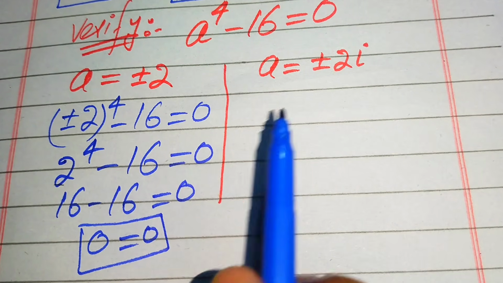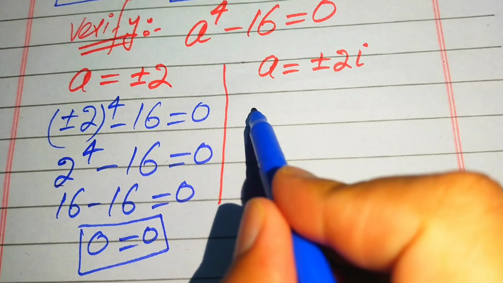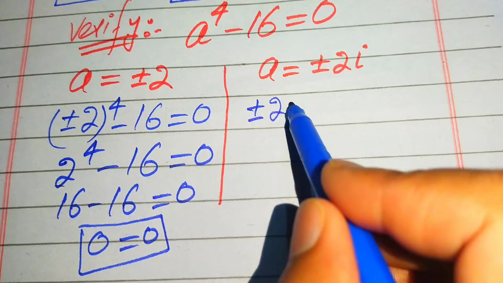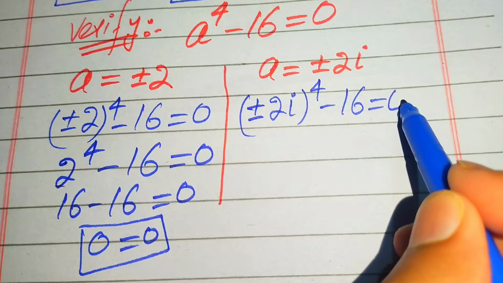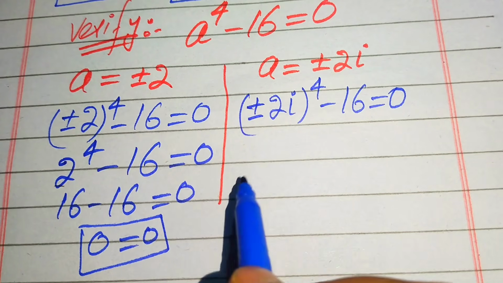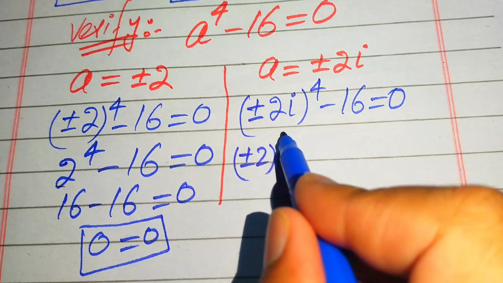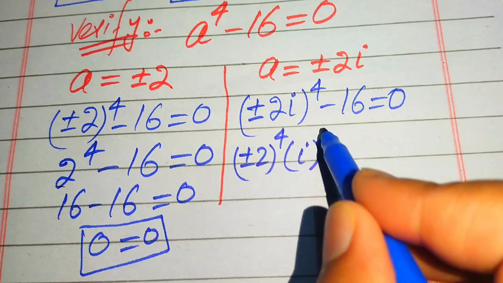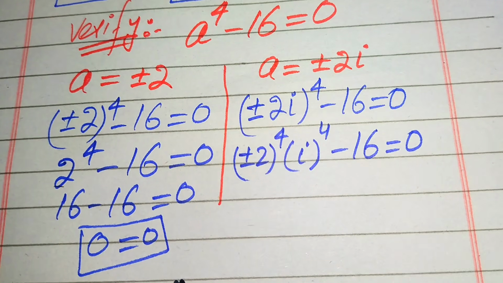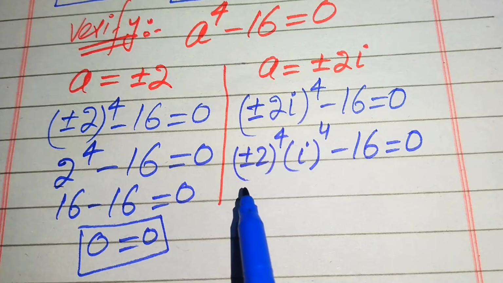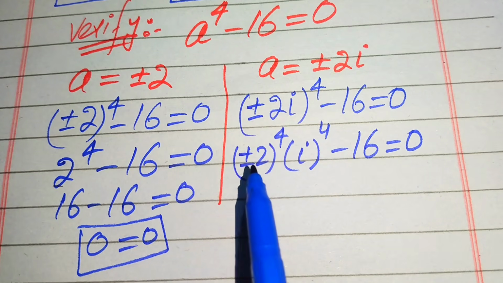Now, in the same pattern, we verify the other values of a. We substitute this value of a into the left hand side of the given equation, and it is written as plus minus 2 iota, whole to the power of 4, minus 16 is equal to 0. We break this base and write it as plus minus 2 to the power of 4 times iota to the power of 4, minus 16 is equal to 0. Again, the exponent is an even number, so it always gives us a positive answer.